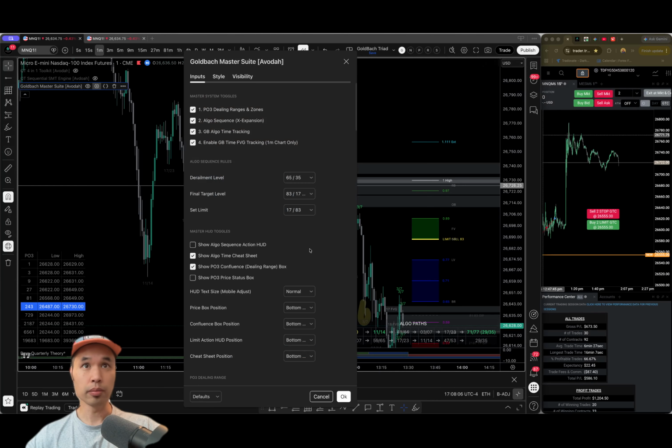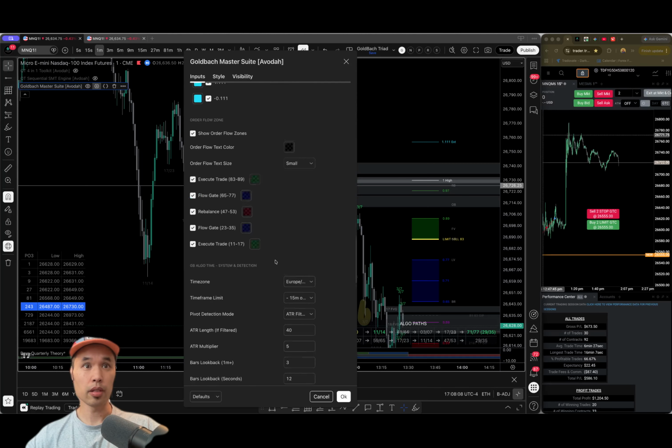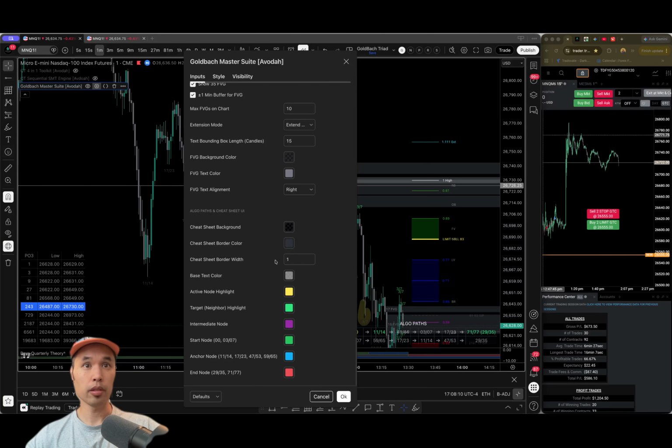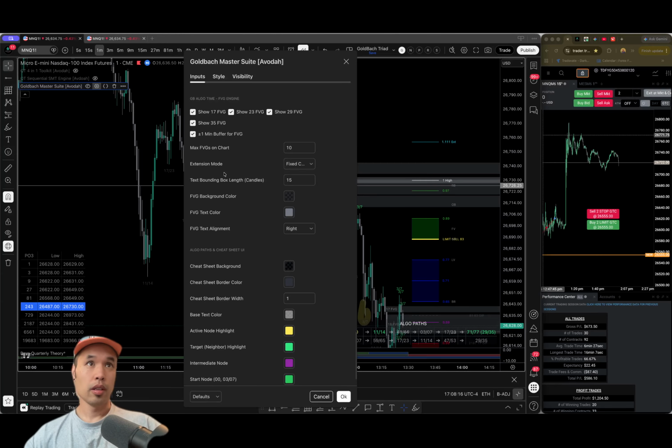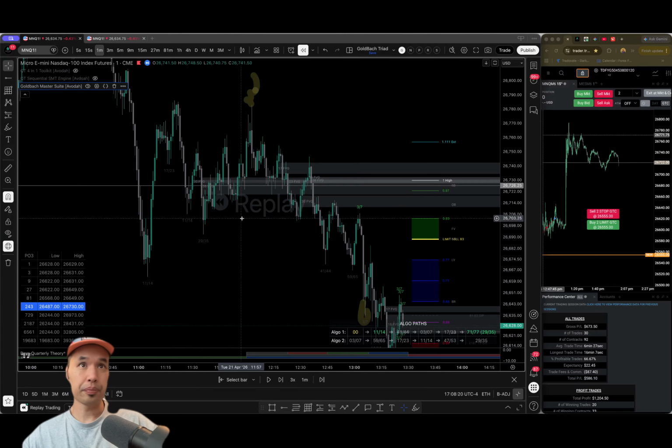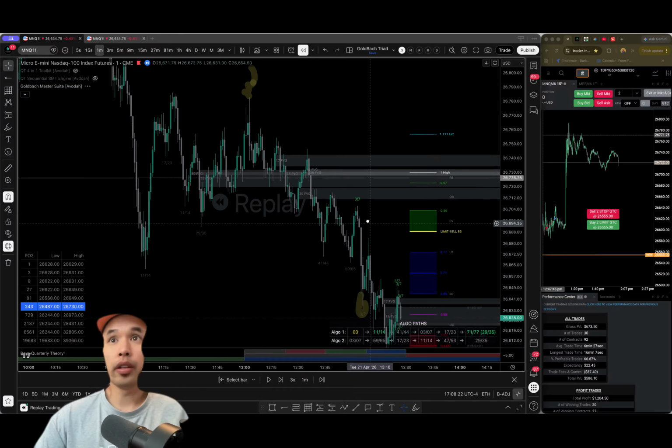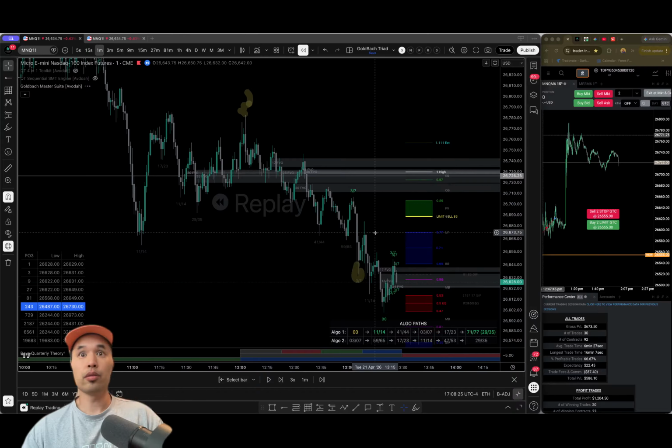In Algo 2, essentially, let me go back to extend to fixed candles. So let's say I just want to keep 5 on my chart to make it not so messy, but I could do that. What you're trying to do is catch the Algo 2 continuation play.